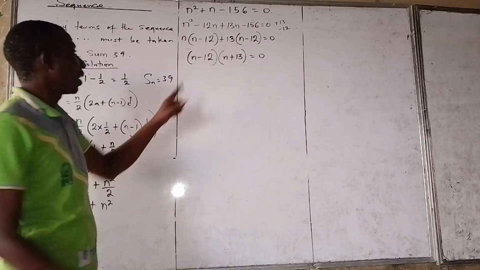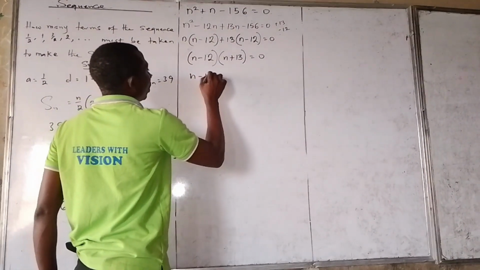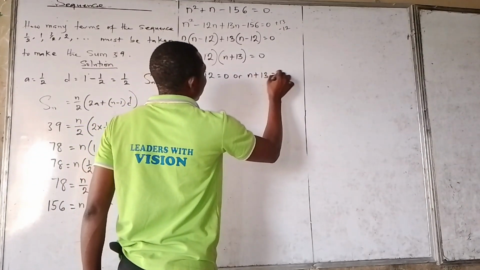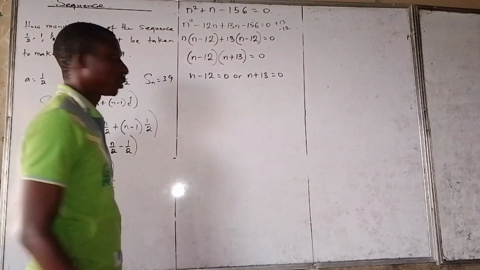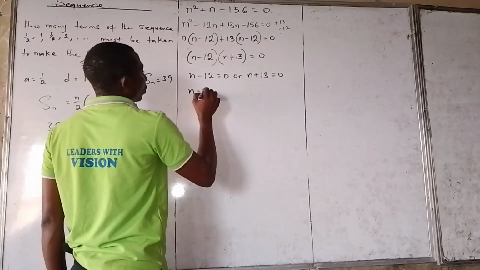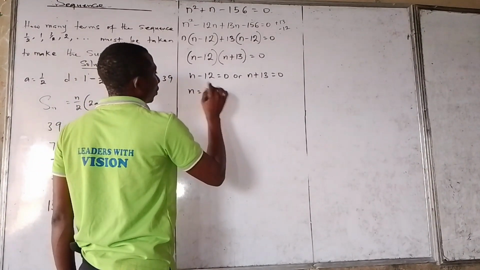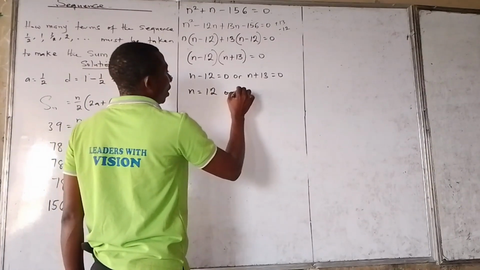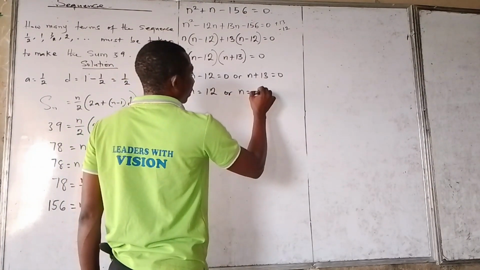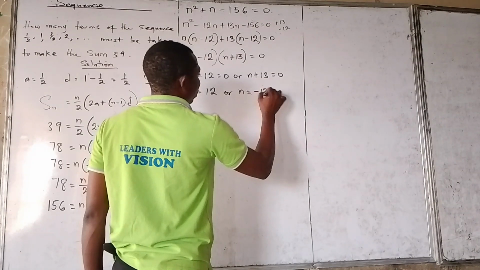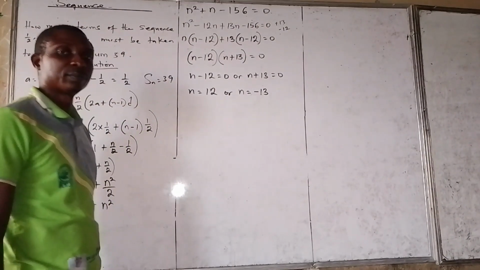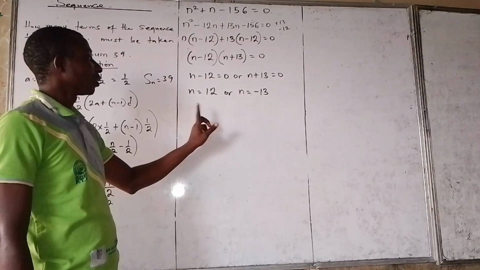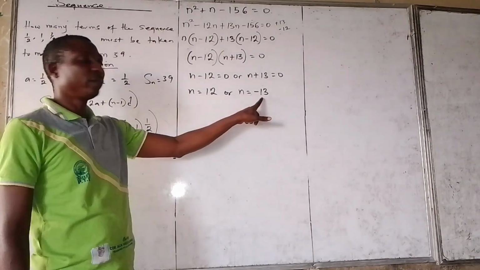Okay, so from here you have n minus 12 equals 0, or n plus 13 equals 0. So n equals 12, when minus 12 comes to this side, the sign changes to 12, or n equals minus 13. Now, you can see the answer we have here: n equals 12, n equals minus 13.